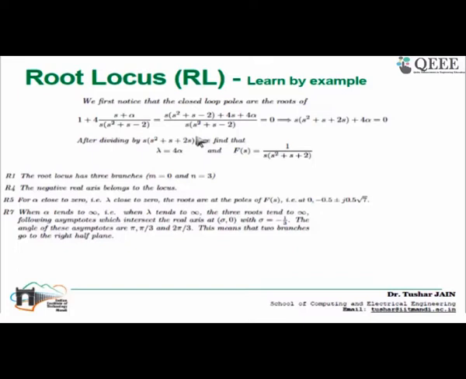Basically this formula says sigma is equal to the summation of all the poles minus the summation of all zeros of f of s, divided by n minus m. Here you can see that we do not have any zeros, only the poles.